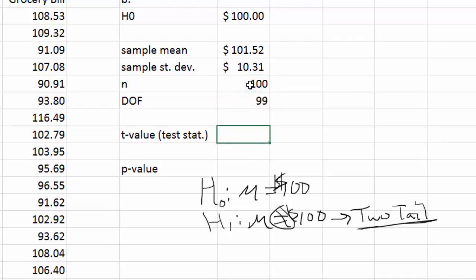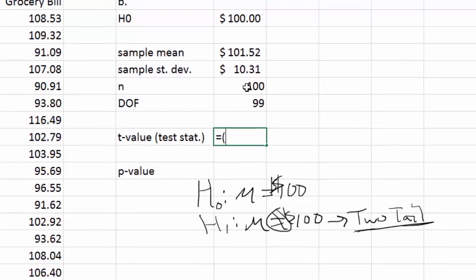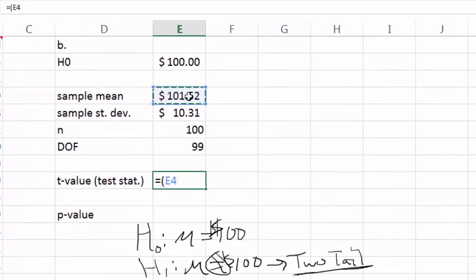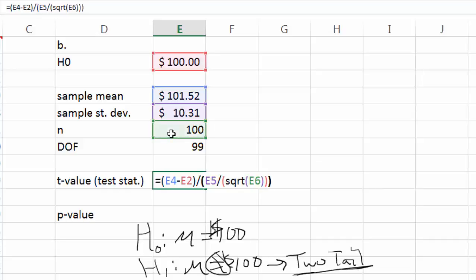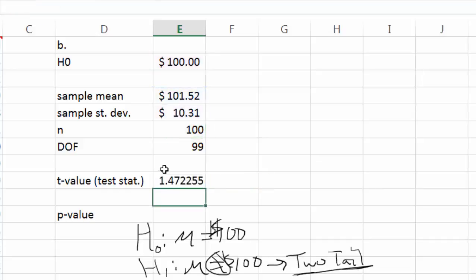Okay, so now I can calculate my t value. Equals x bar minus mu naught divided by s over square root of n. Okay, so my t-value is 1.472.